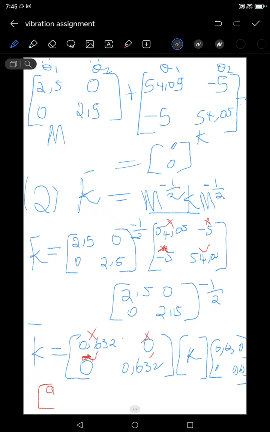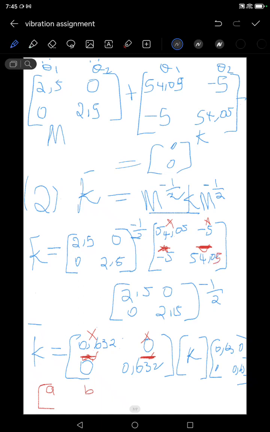We're going to write it here at a, at b. So for a, the one that I cross marked, it's going to be 0.632 multiplied by 54.05 plus 0 multiplied by negative 5, and then we get the value a. And for b, it's going to be 0 multiplied by negative 5, plus this 0.632 multiplied by 54.05, and then you get the value b.